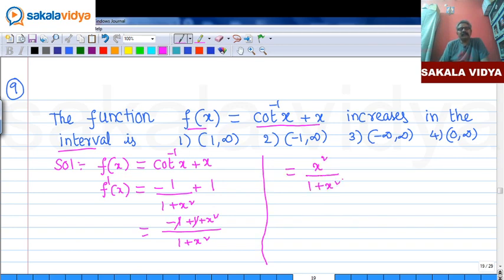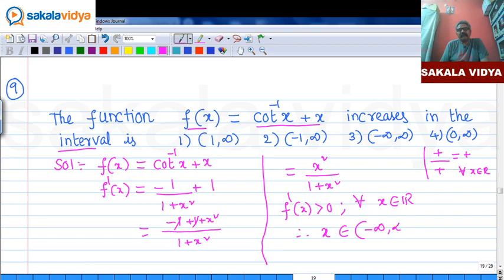It is very clear, x square is always positive, 1 plus x square is also always positive, so it will be positive for every x belongs to R. That means f dash x is greater than 0 for all real numbers. Therefore, x belongs to minus infinity comma infinity. The third option is the right option.